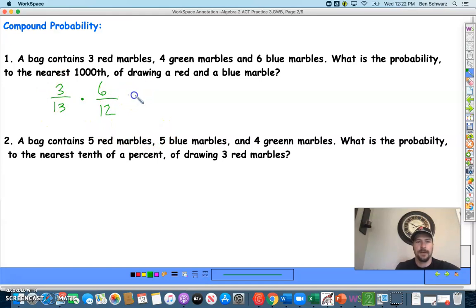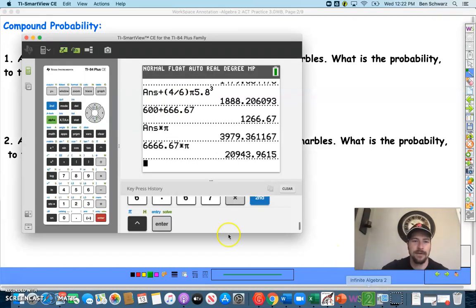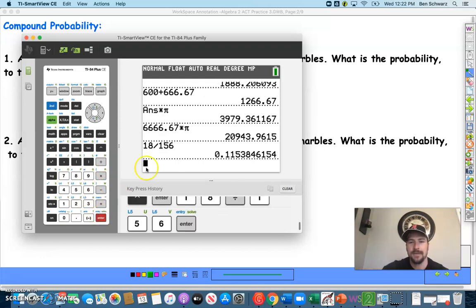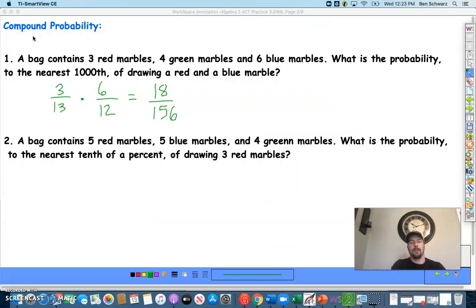So if you multiply across, you're going to get 18 over 156. It says to the nearest thousandth, so we go to our calculator and divide 18 divided by 156. Thousandths: we have tenths, hundredths, thousandths. So 3 decimal places, so the probability would be 0.115.